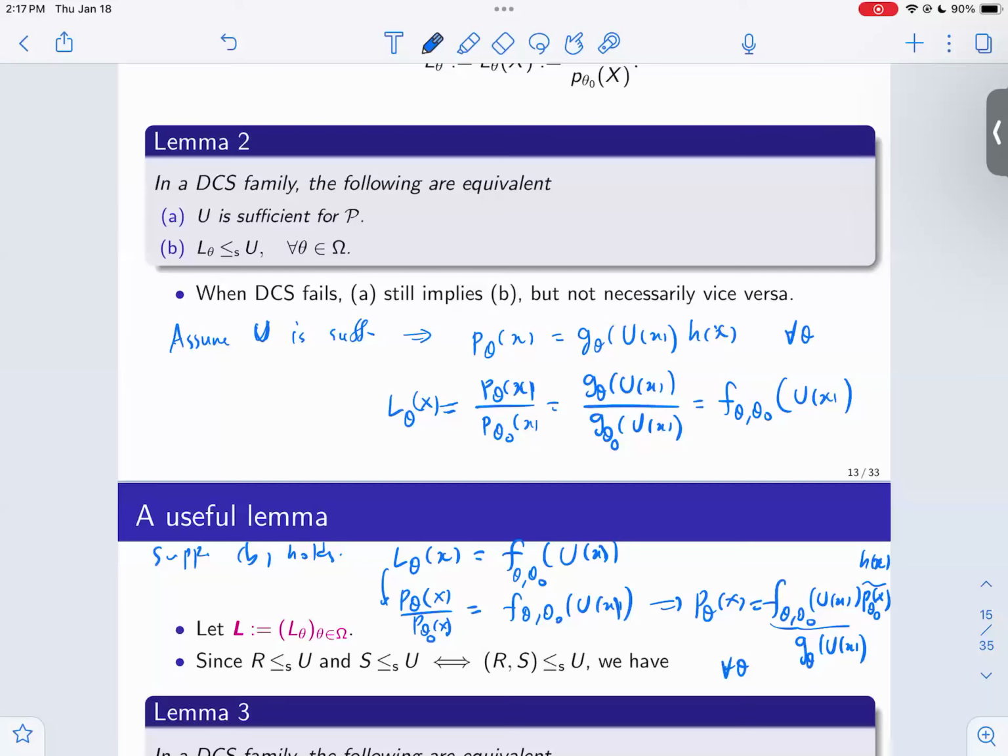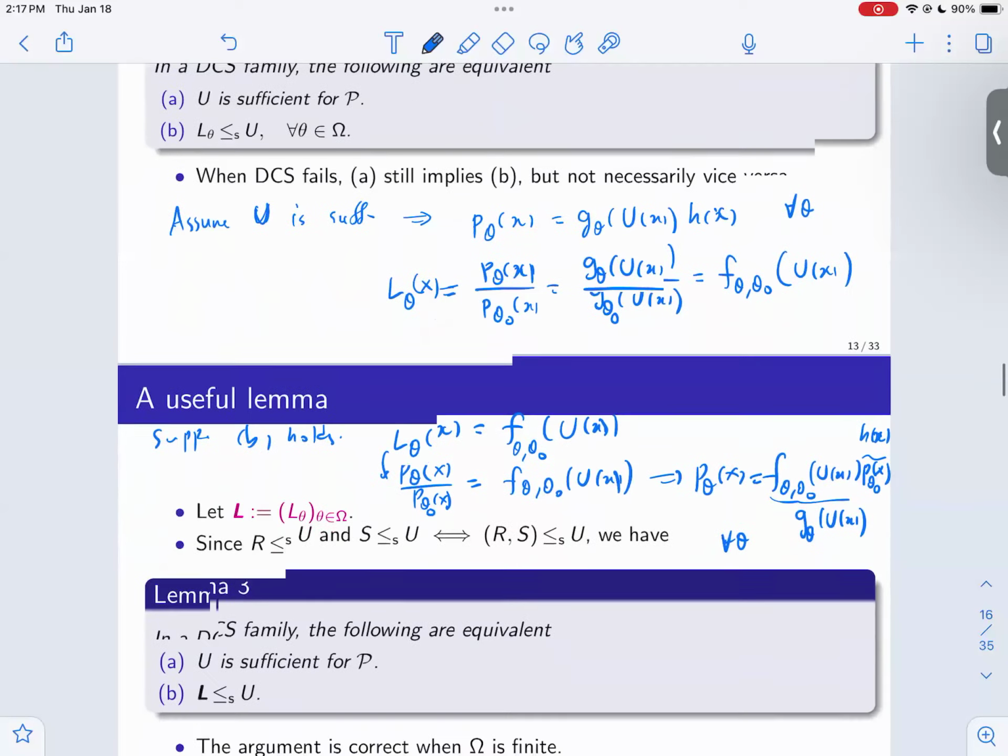So the next slide is just rephrasing this a little bit. Instead of this B, this is saying that L theta is a function of U for any theta. So this is equivalent to saying that if I look at L, let's say as a vector, it contains all the L thetas.